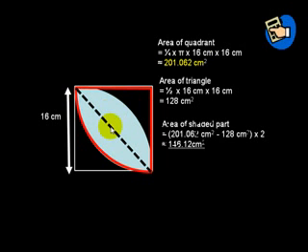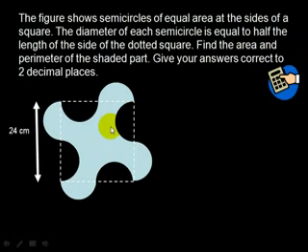So the area of the shaded part will be 201.062 minus the area of the triangle, multiplied by 2. You round off the answer to 2 decimal places, you will get 146.12 square centimeters.